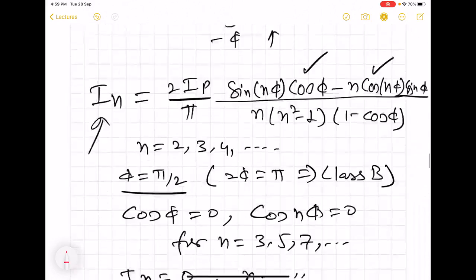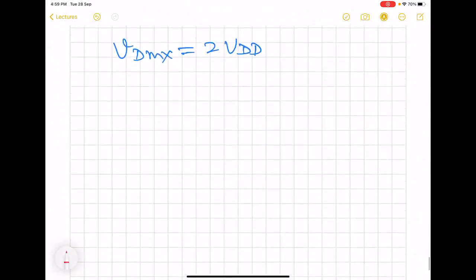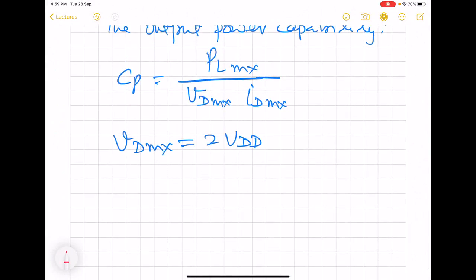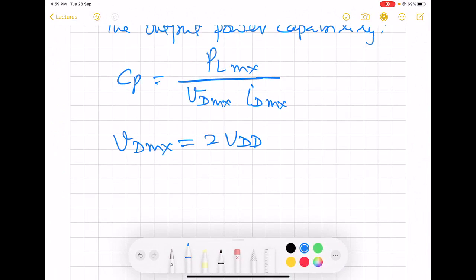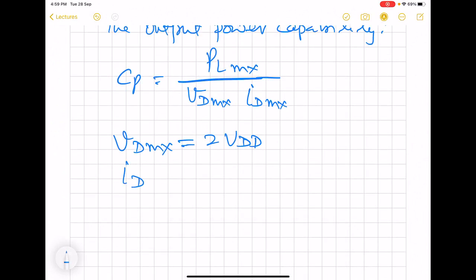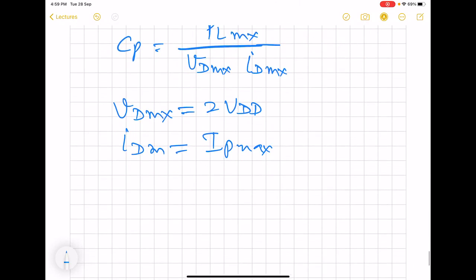So we can now write the value for the denominator parameters. So ID max is IP max. And what is PL max?